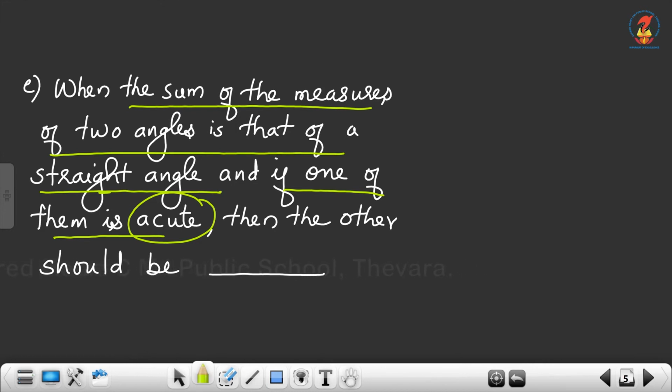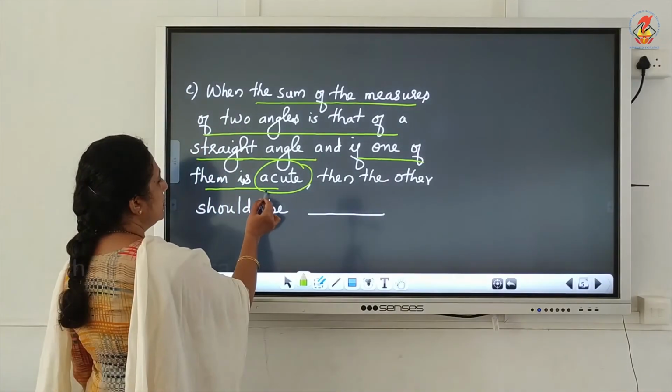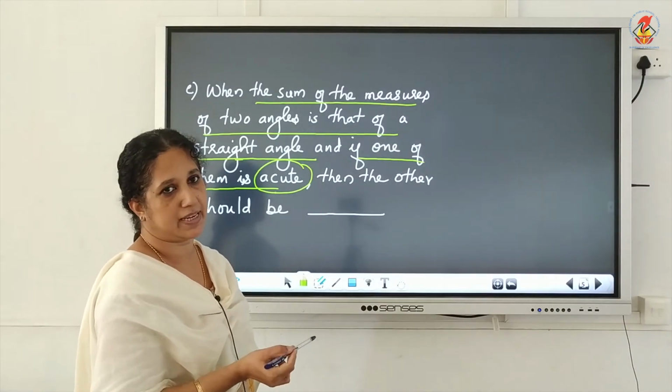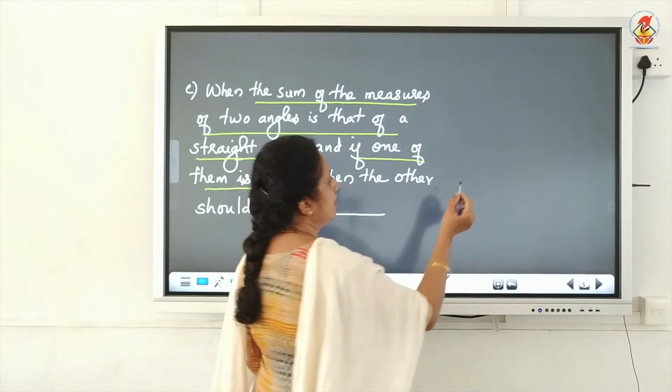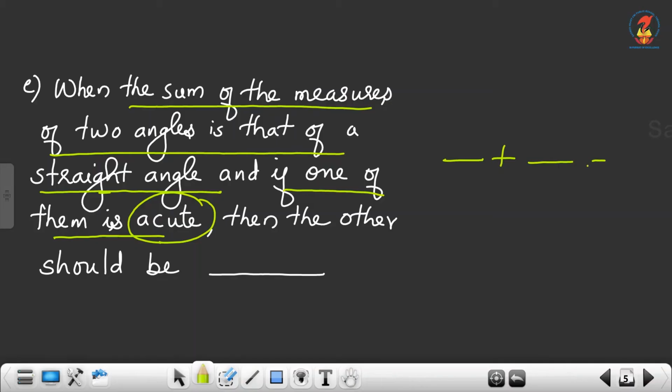So when we added the measures of two angles, we got the sum as 180 degree. And it is given that one of them is acute.